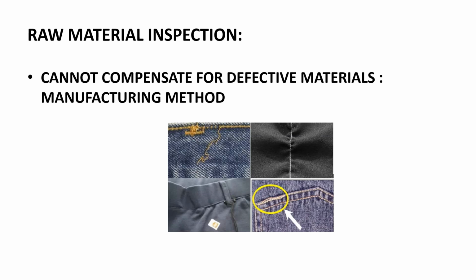So the material here plays an important role. The material we use for the production of the garment should be perfect, whatever machine or method we use in this particular area. That is why raw material inspection always plays an important role.